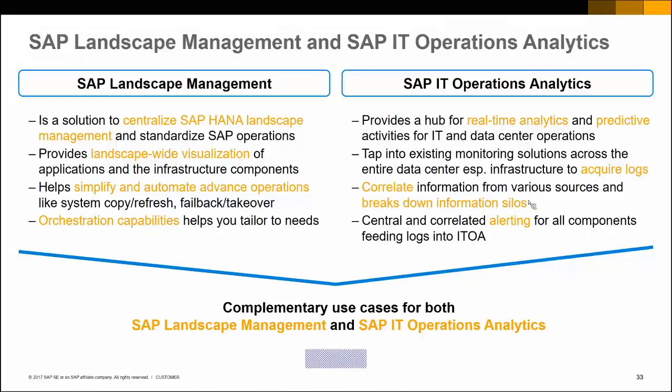It gives a view of that virtualization. It simplifies and automates advanced operations, and it again provides orchestration across that virtualized environment. And again, we provide that infrastructure view that includes that virtualization, and it really is a good complementary piece between the two, where we can work with an integration with landscape management to actually see the virtualization and interact with that virtualized environment.